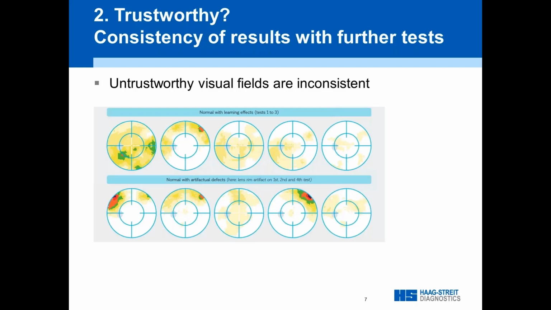On the other hand, untrustworthy fields are inconsistent. So key thing, if in doubt, just repeat the test. And you see here something very common: a learning effect on the first field, and a typical rim artifact showing up at the edges, jumping around. These should really be ignored because they're not a defect, just an unreliable result.